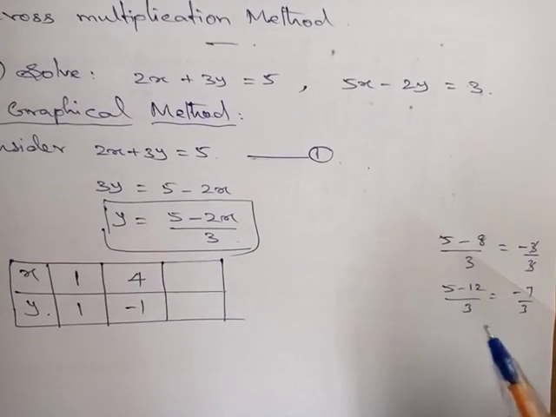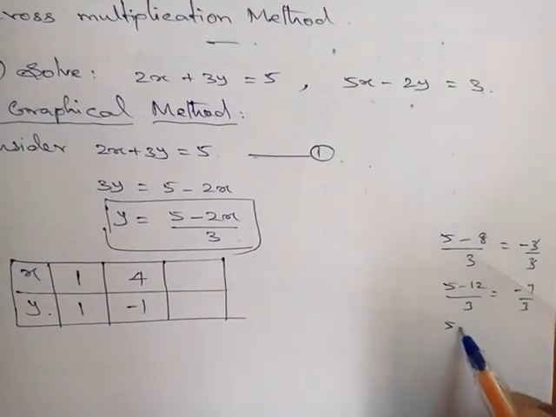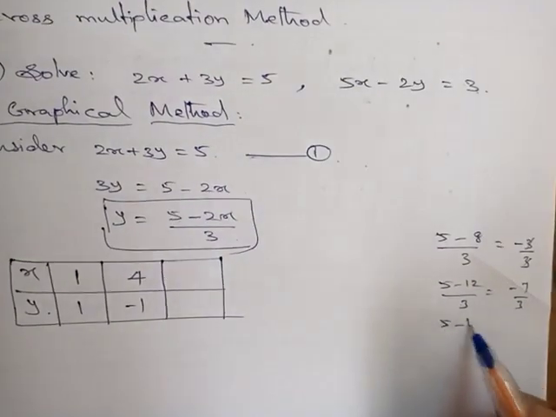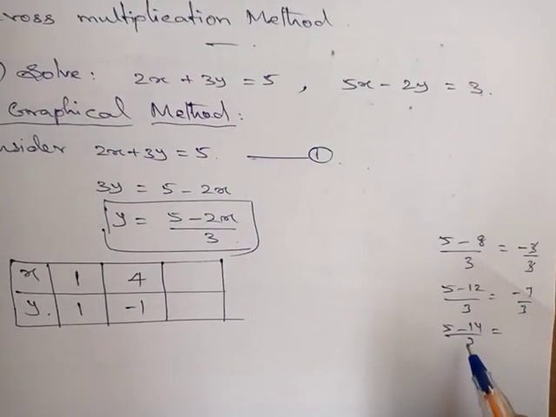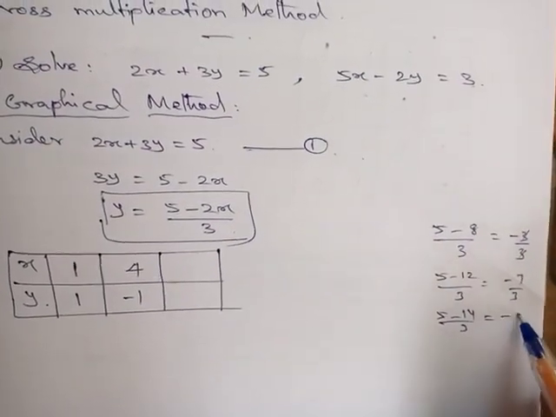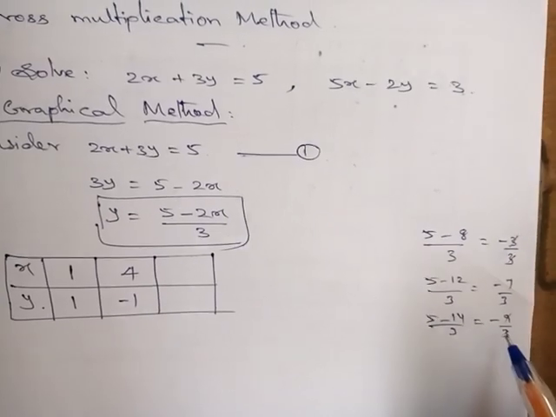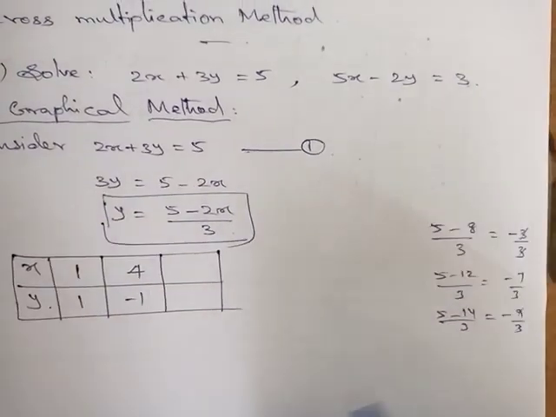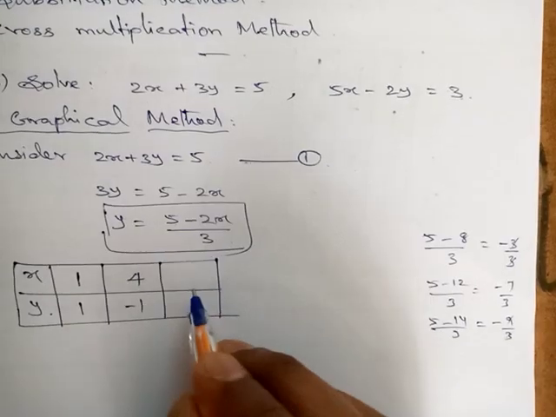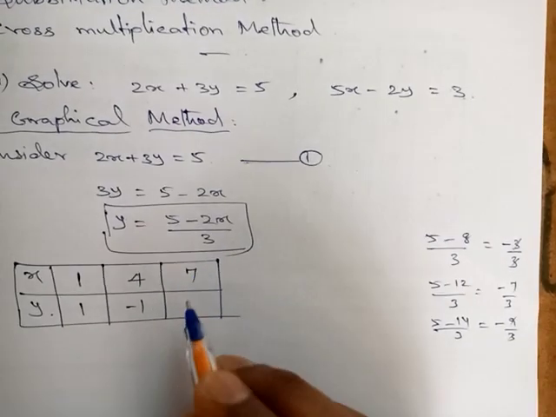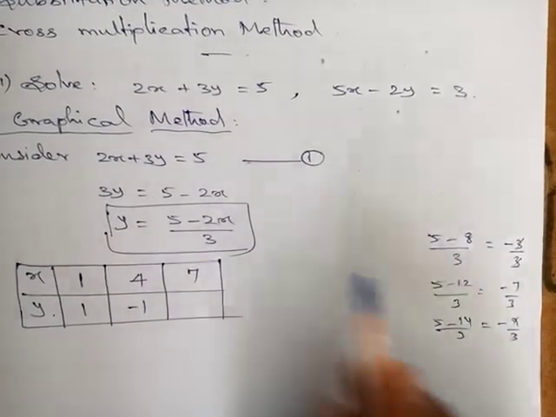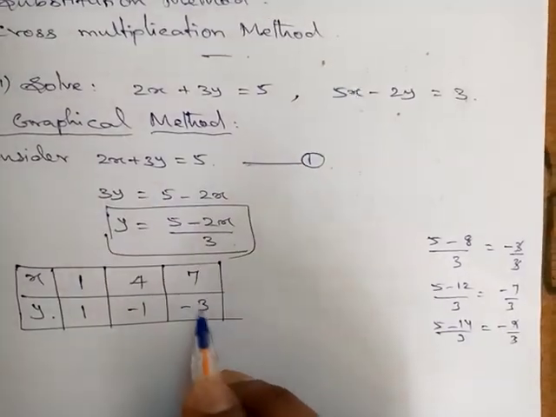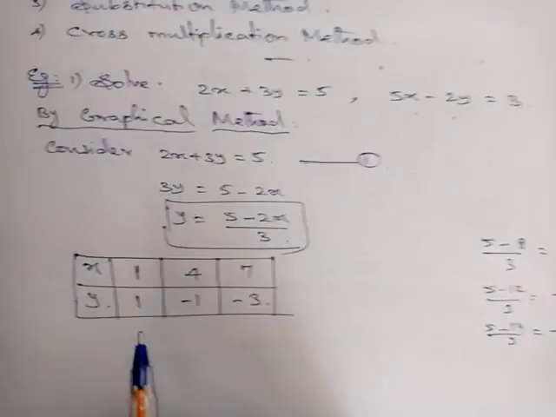Next I try with 7. So 5 minus 2 into 7, 14, by 3. So what will I get? Minus 9 divided by 3. If you cancel this, we will get minus 3. So x value 7 means y value is minus 3. So now we are getting 3 points.